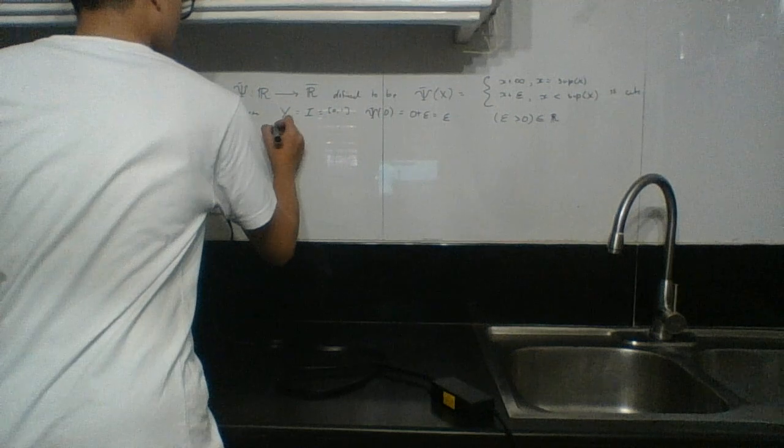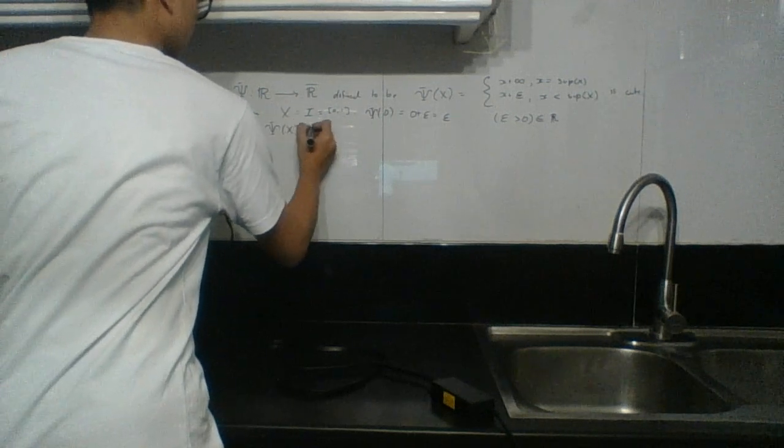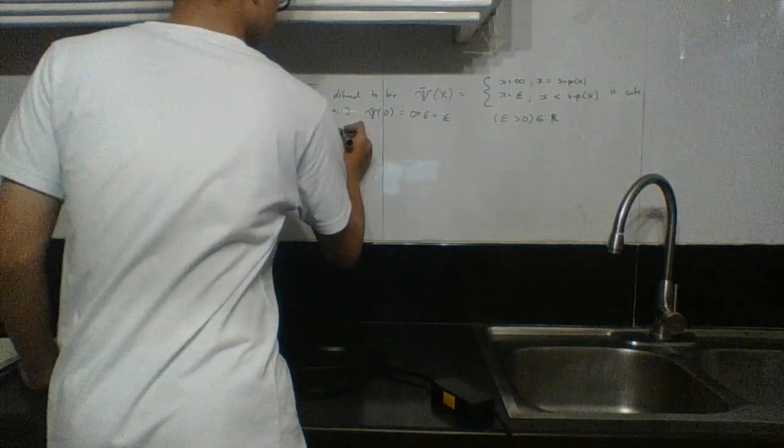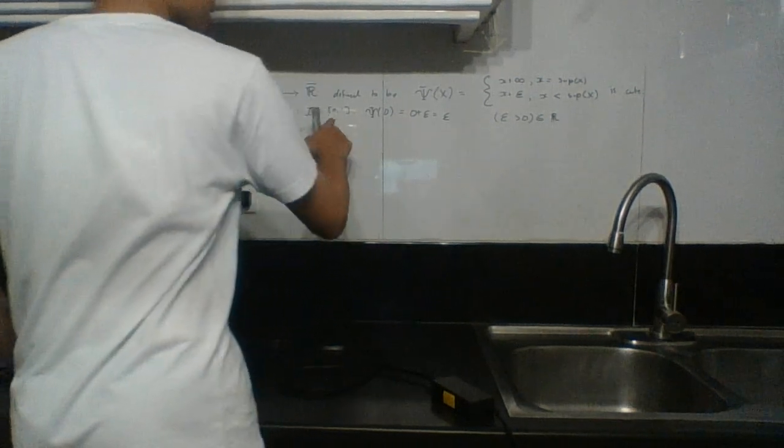So big psi of x gives us the set which is epsilon, and then the elements after 0.